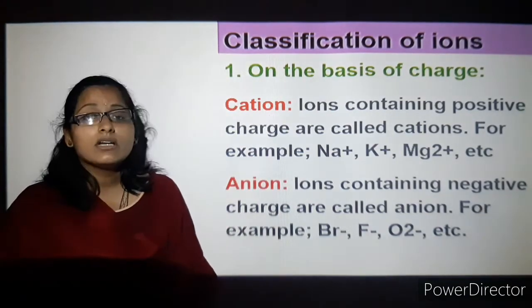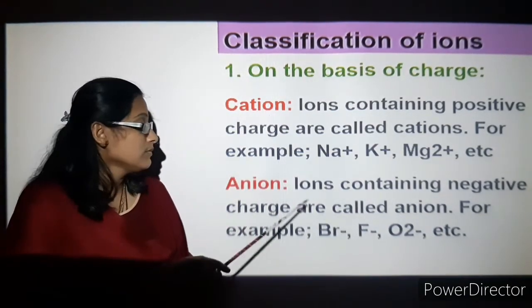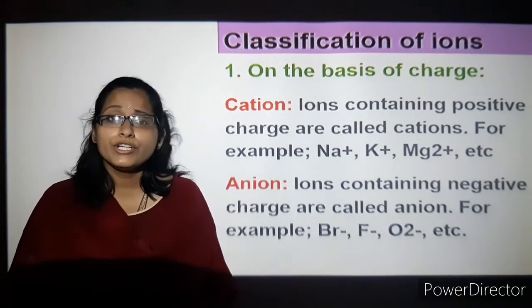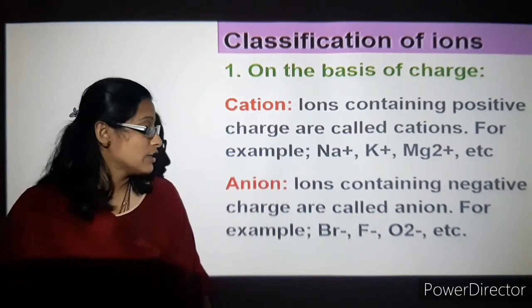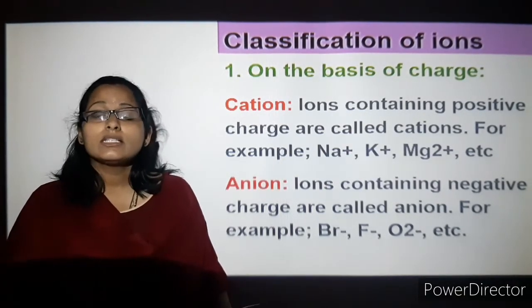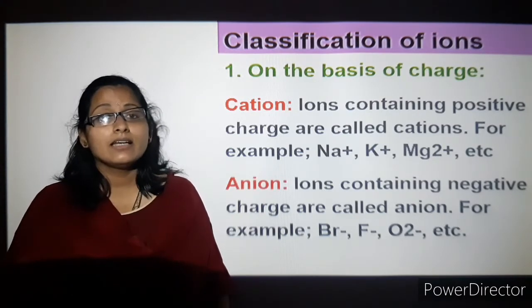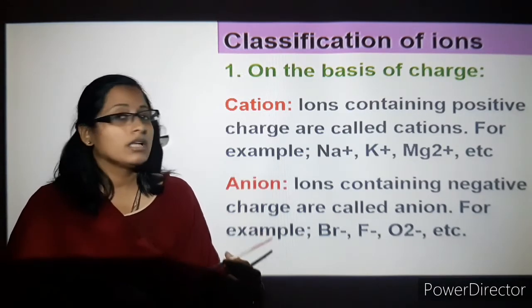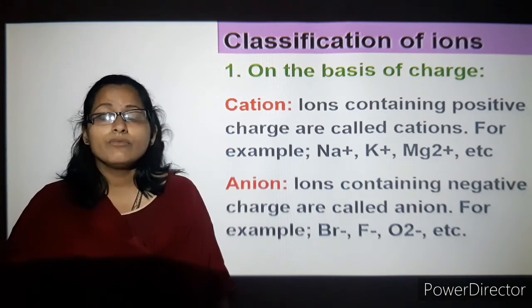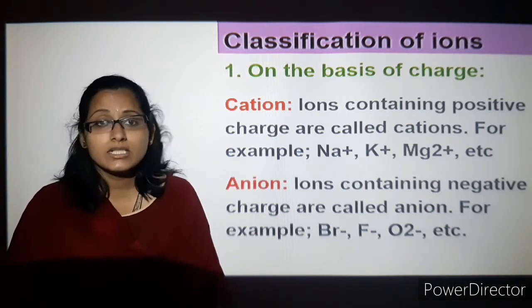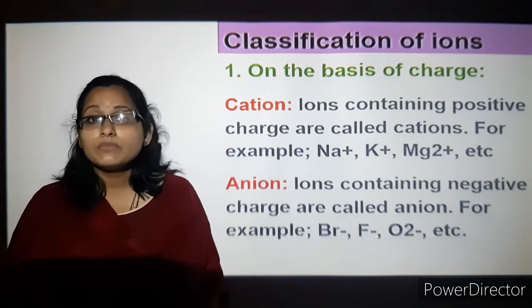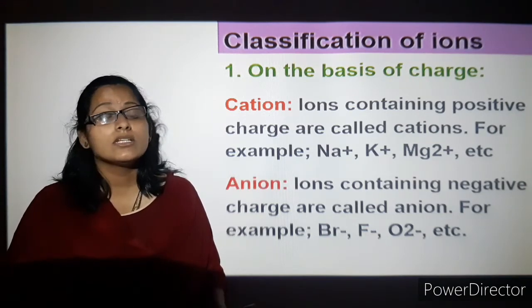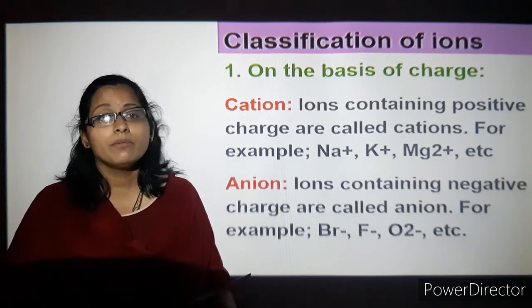Next come the anions. What are anions? I have already told you they are negative in nature. These are non-metals. They take electrons from the metals. You might have questions about why these elements need to take electrons from the metals.